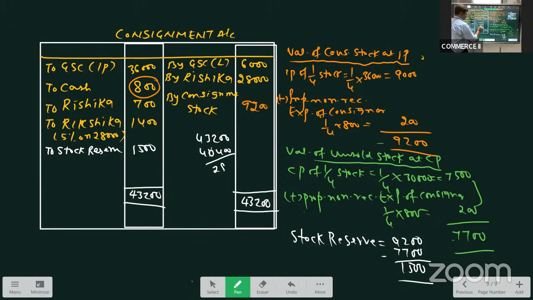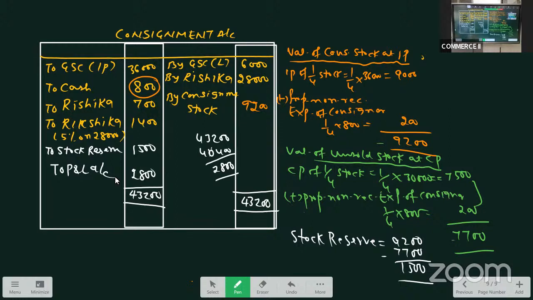So 2,800 is the profit on consignment, which we will transfer to P&L account. 2,800 is the profit on consignment.